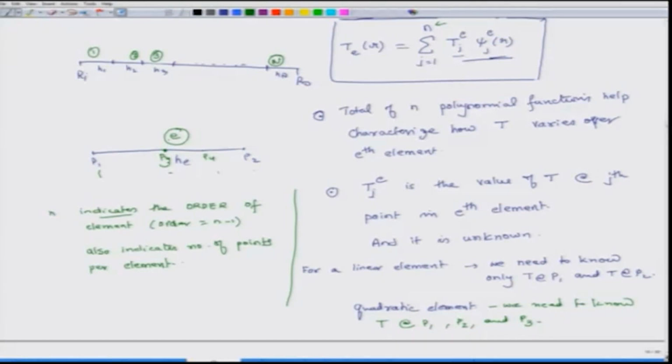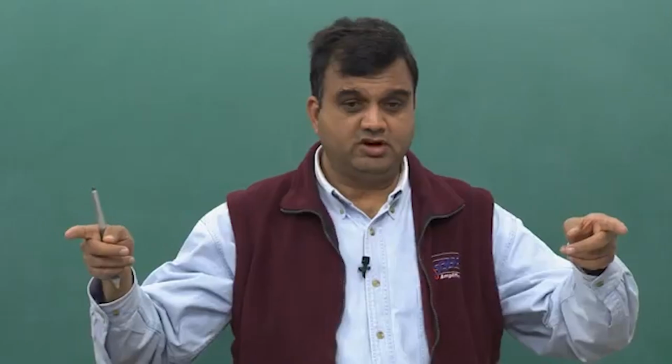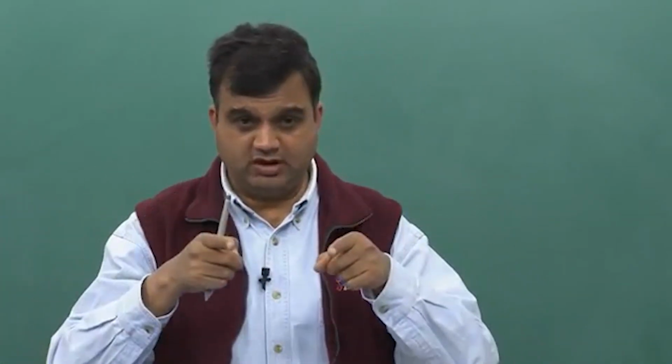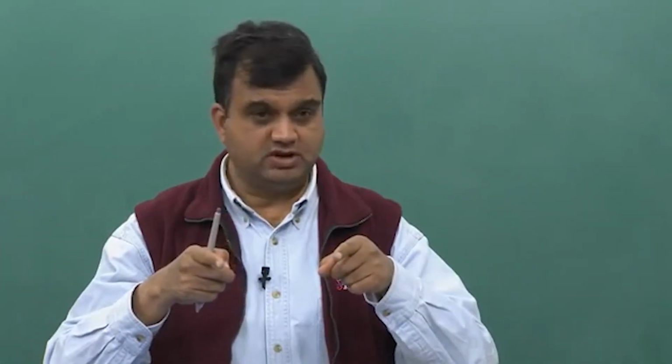T_j^e is the value of t at jth point in eth element, and based on all this understanding, if we have a linear element, we need 2 points, and these 2 points will be at the boundaries. If we have a quadratic element, we need 3 points, 2 will be at the boundary and 1 node will be somewhere in the middle.